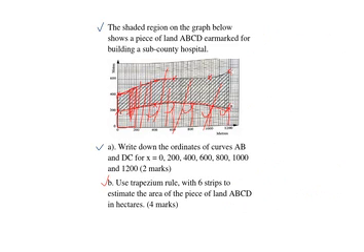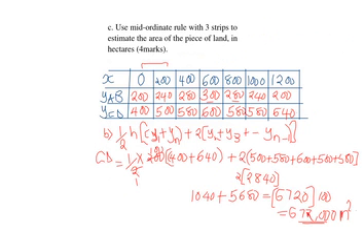Now part C, we are told to use the Mid Ordinate Rule with 3 stripes to estimate the area of the piece of land in acres again. So the mid ordinate, we will have the center of every trapezium.